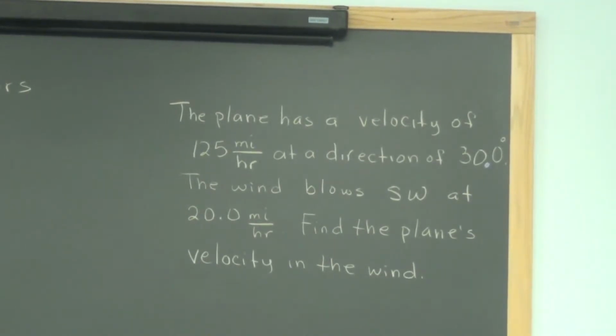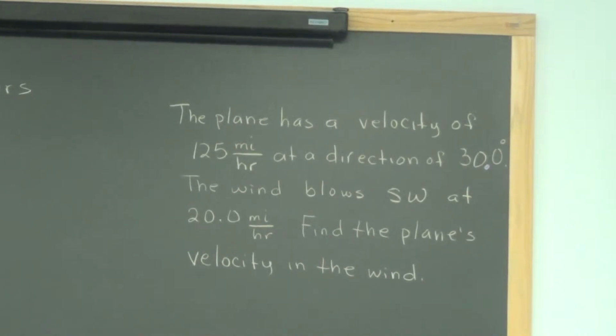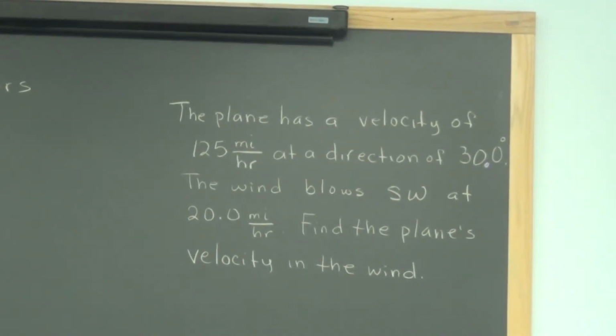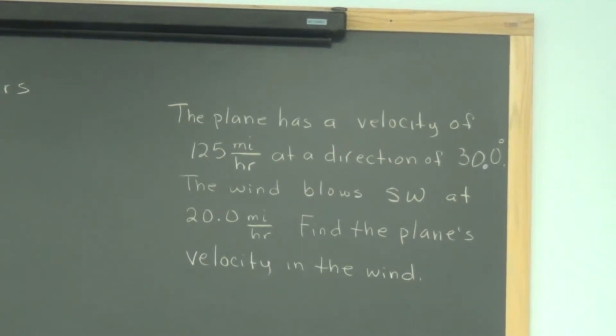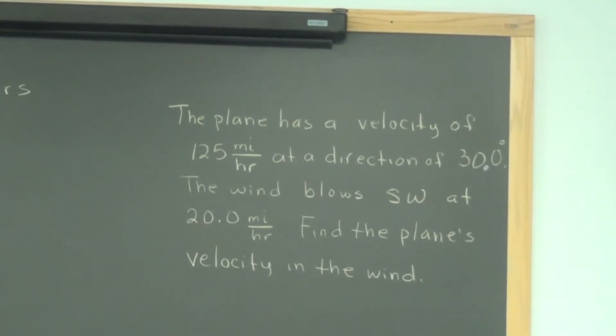Alright, our first step in all of these vector problems, I'm going to give you a couple to do in a minute, is to draw a sketch of the vector problem. So we're going to start, I'll use the golden vector of course. Let's say the golden vector is 125 long and it's at 30 degrees.